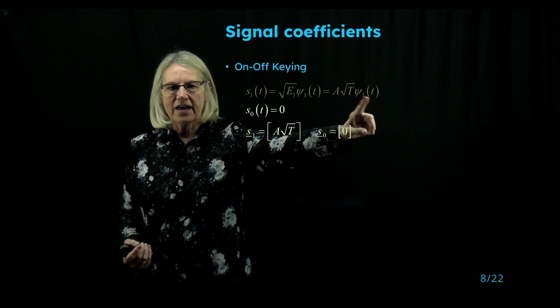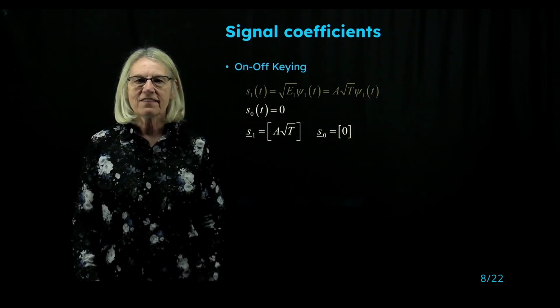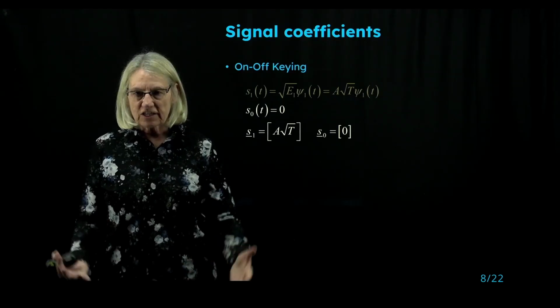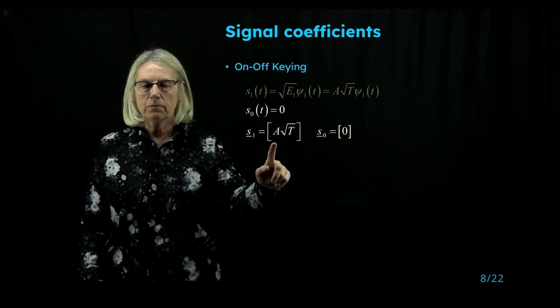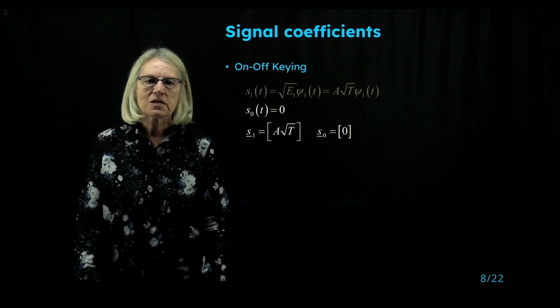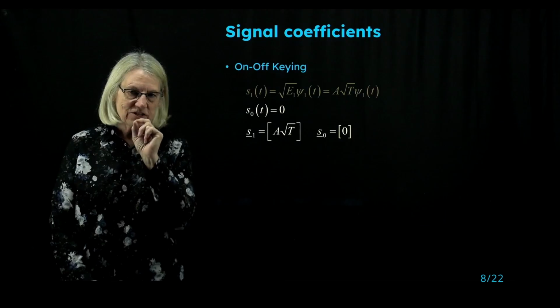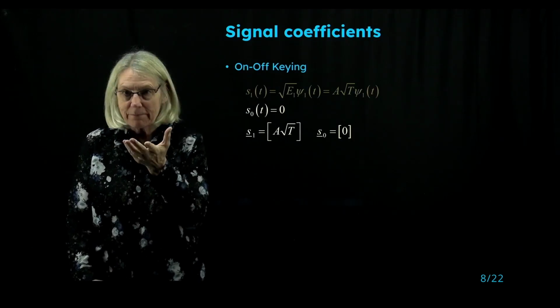Since this is unit energy, and if I have amplitude A and duration t, then the coefficient for S1 would be A times the square root of t.